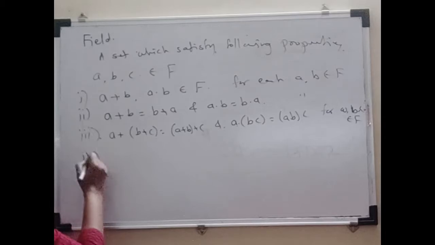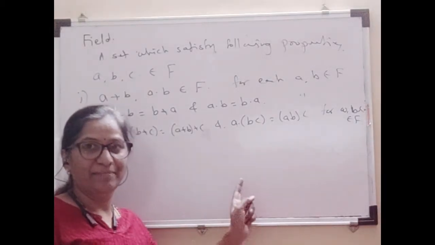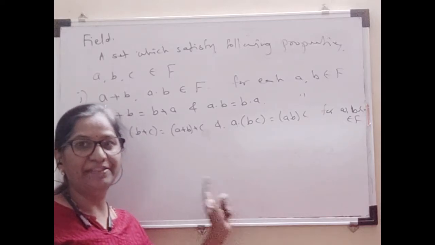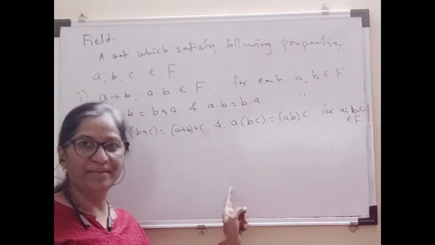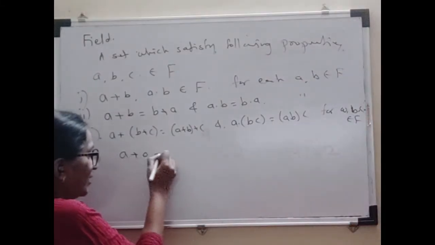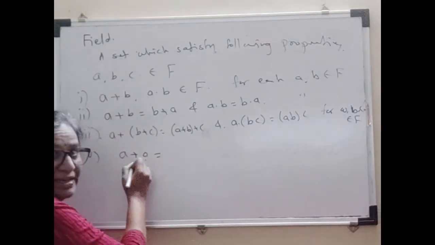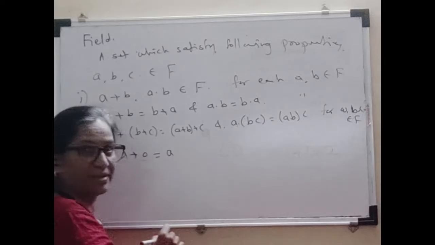Then next one, there should exist a multiplicative identity and an additive identity. So what is the additive identity in the case of numbers? Yes, a plus 0, that is, 0 is the additive identity, and after adding it to any number we get the same number.